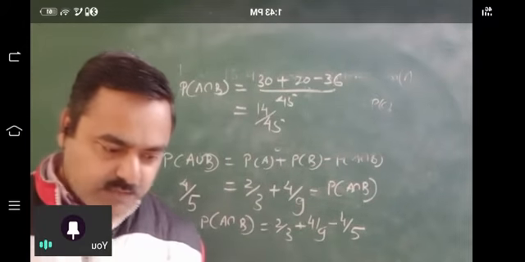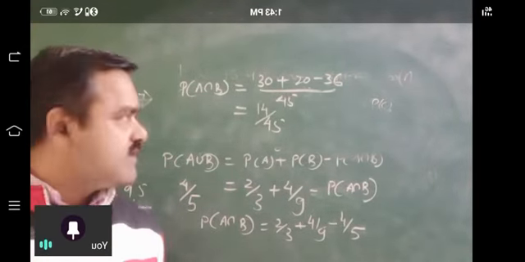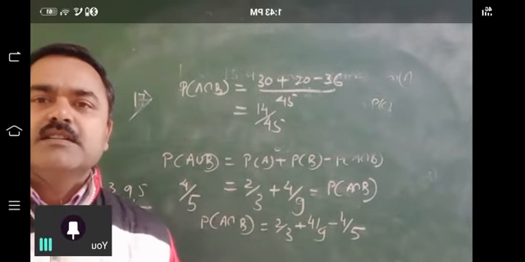Hence the probability that he will get both contracts is 14 upon 45, which is the right answer.